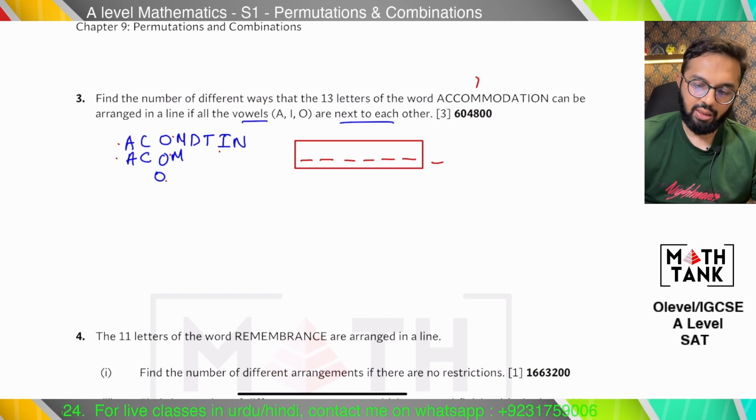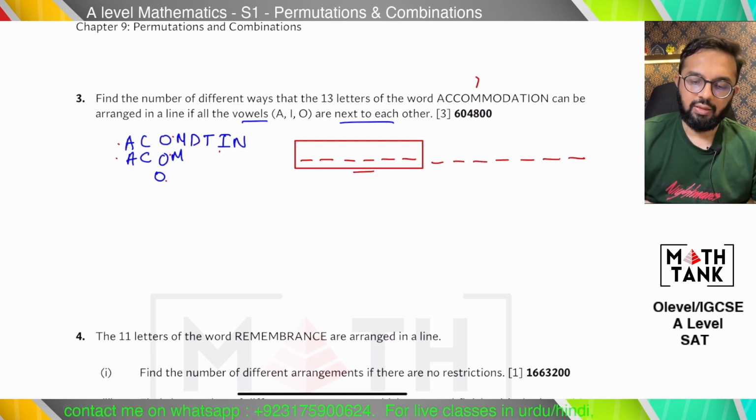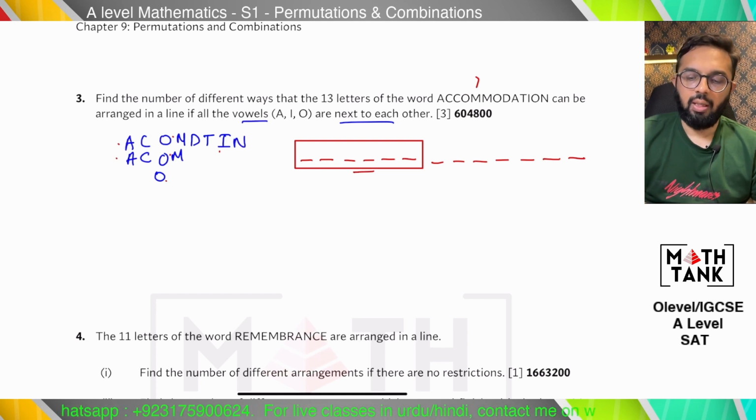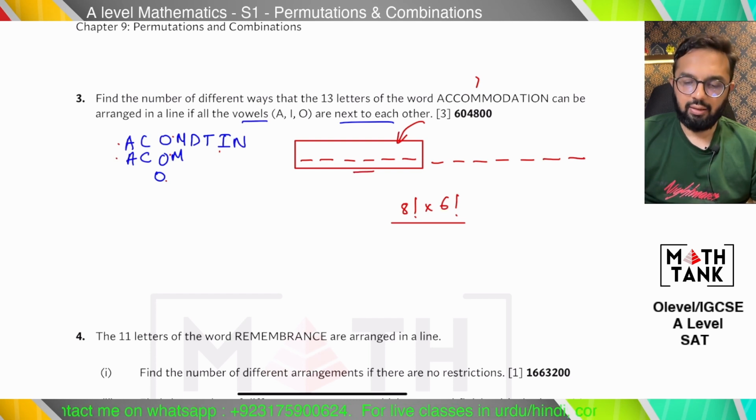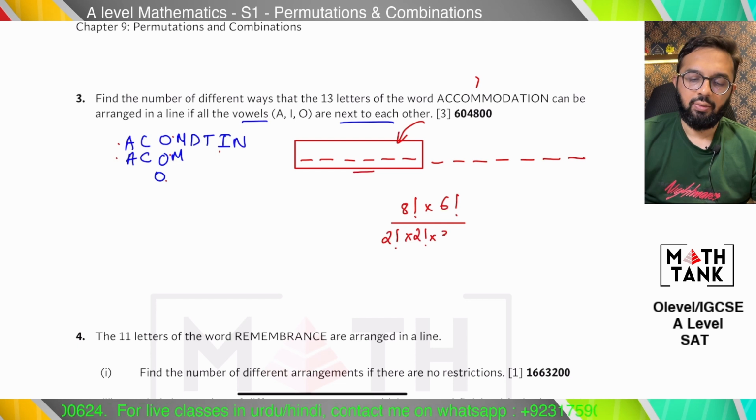How many outside the box? 7 outside the box. And there's a dash. Okay. So 7 factorial. Sorry, 8 factorial. Why? Because the box also counts as a dash. 8 factorial. Then you go inside the box. Okay, how many are inside the box? 6 divided by what is identical? 2 A's, 2 C's, 3 O's, and 2 M's.